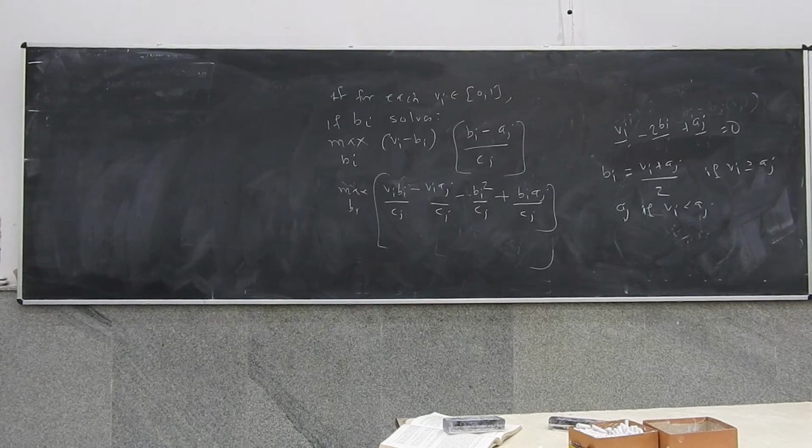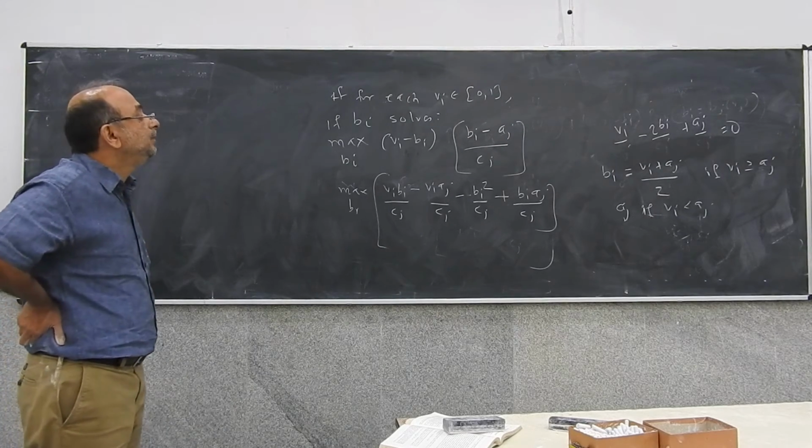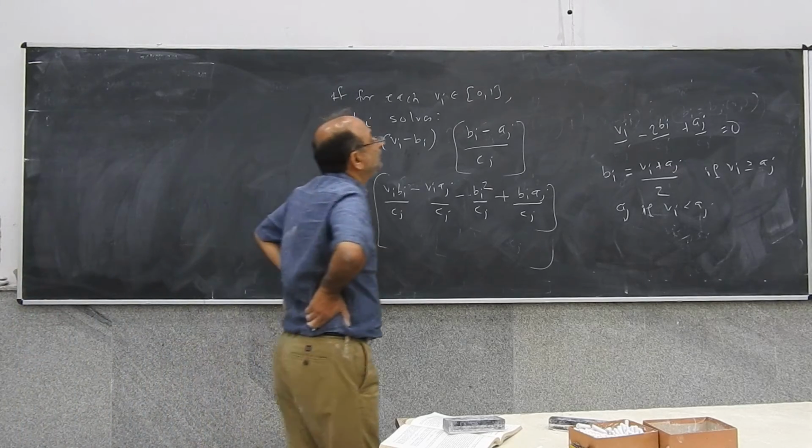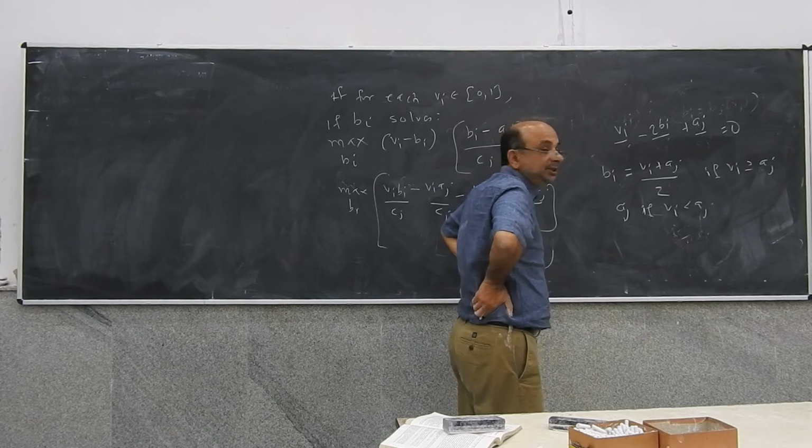But if Vi is less than Aj, then obviously you just get Aj.